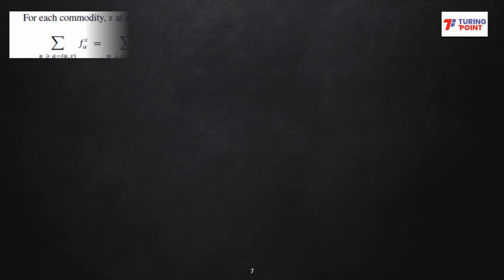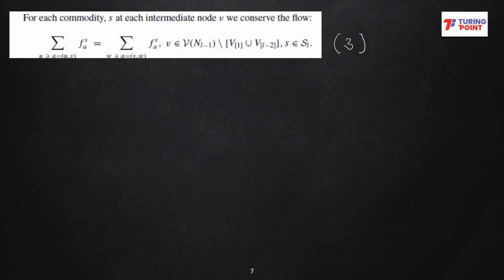At each intermediate node, V, we have flow conservation for each commodity as given in equation 3.